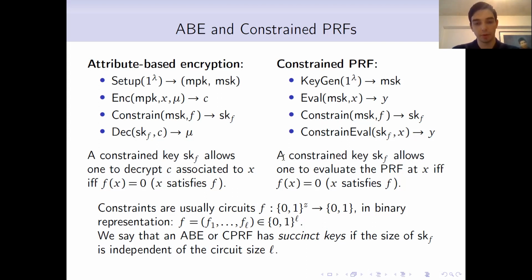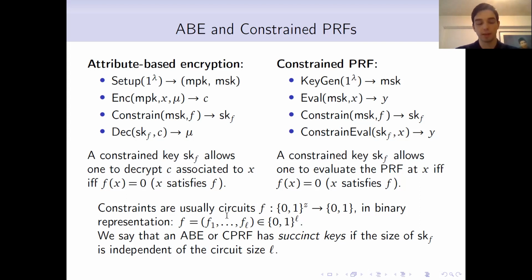And the property that this must satisfy is that a constrained key allows the user to obtain the correct value of the PRF at a point X if and only if f of X is 0.